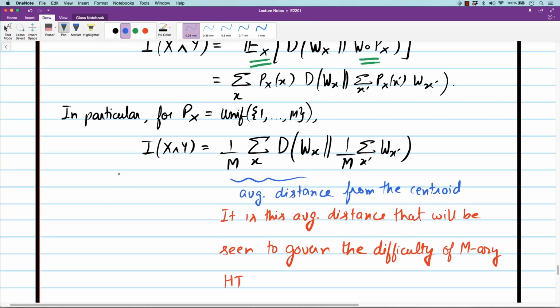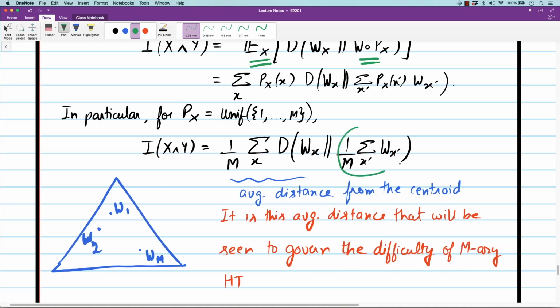So let's go back to our simple diagram. There are all these guys, W1, W2, up to Wm. They correspond to different distributions in outputs for different values of x. So what is the notion of distance here for us? It says to look at the average distribution. I'm just calling it W bar. Look at the distance of each of them, in the KL divergence sense, from the average distribution.